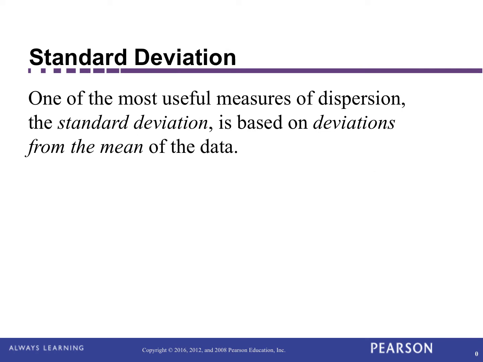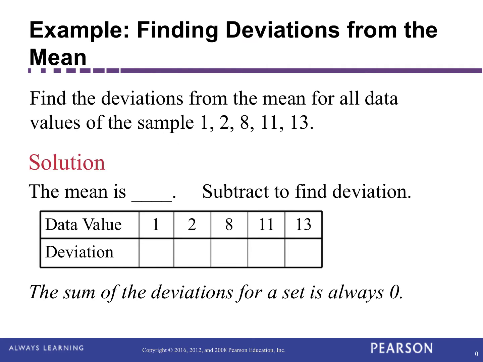One of the most useful measures of dispersion is the standard deviation, and it's based on the deviations from the mean of the data, or how much each of the numbers differs in comparison with the average number. Find the deviations from the mean for all data values of the sample 1, 2, 8, 11, and 13.